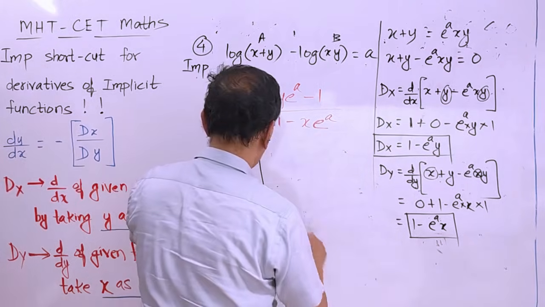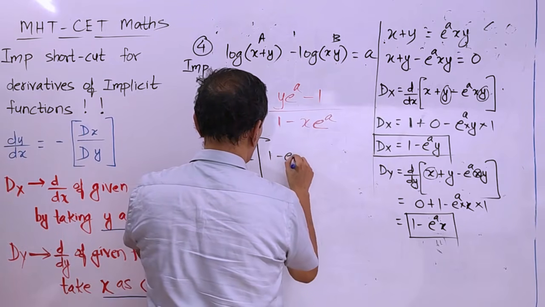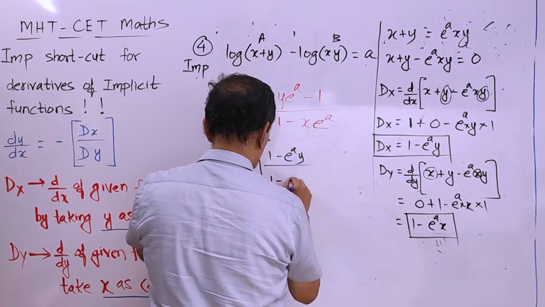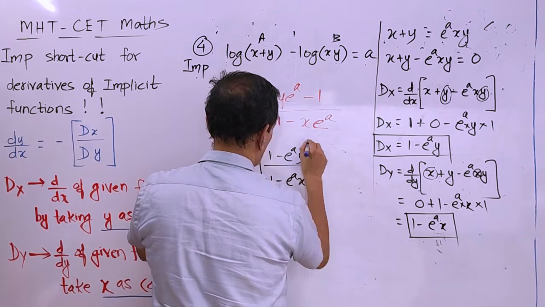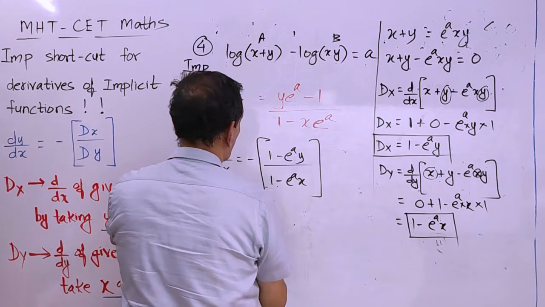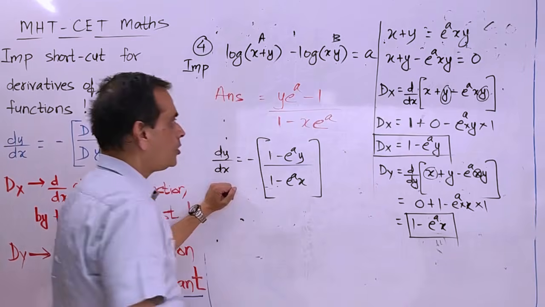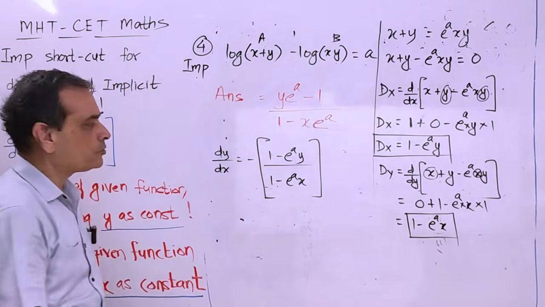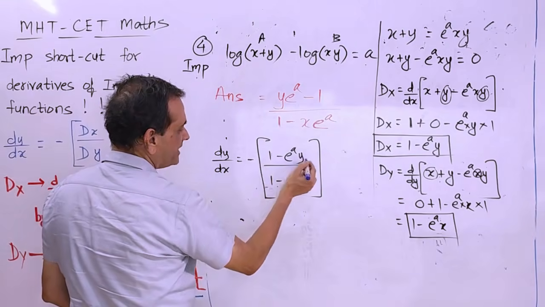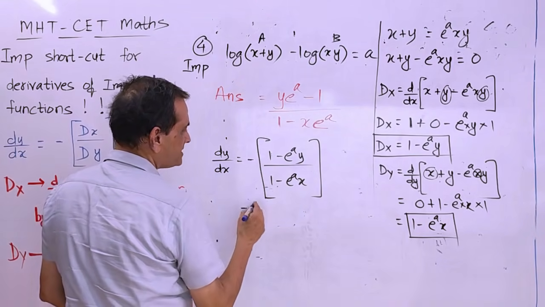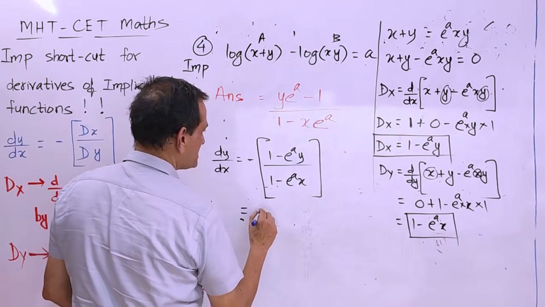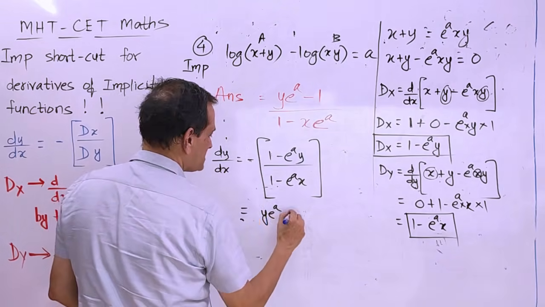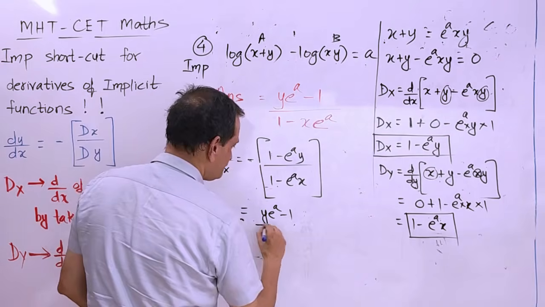The option given was this. So all that we have to do is take the negative sign inside. When you take the negative sign inside, minus of minus becomes plus. This becomes minus. Just interchange the order.